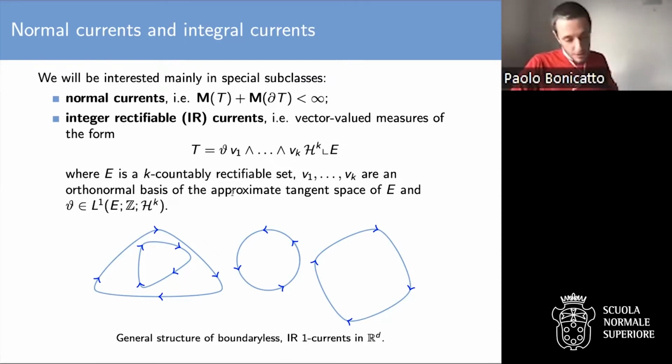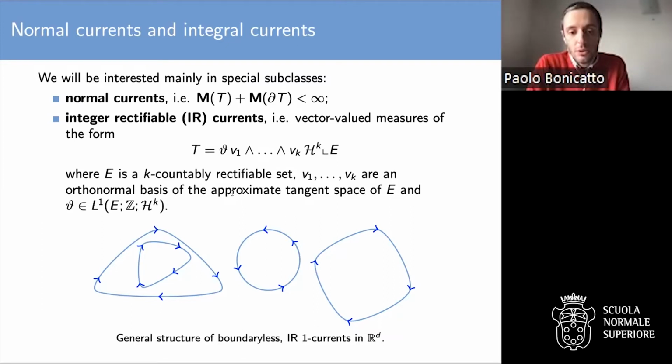So let me simplify a bit and give you an informal picture that I would like you to keep in mind for the duration of this talk. Whenever I say something about an integer rectifiable 1-current with 0 boundary in R^d, there's really no loss of generality if you think of it as just a collection of loops, right?